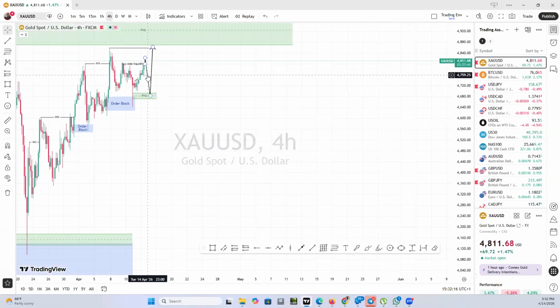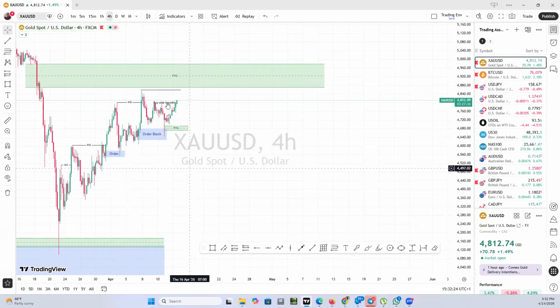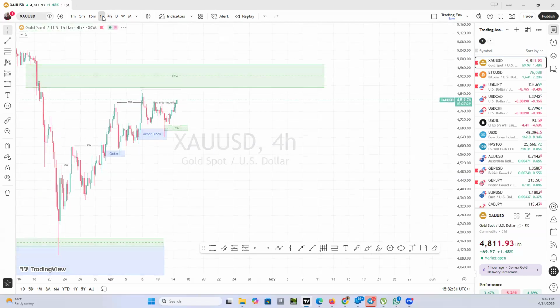Even though some of my friends try to catch a retracement on this gold, because when they saw gold reach here, they checked 1 hour.